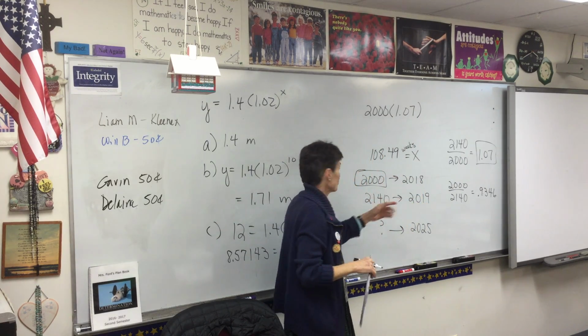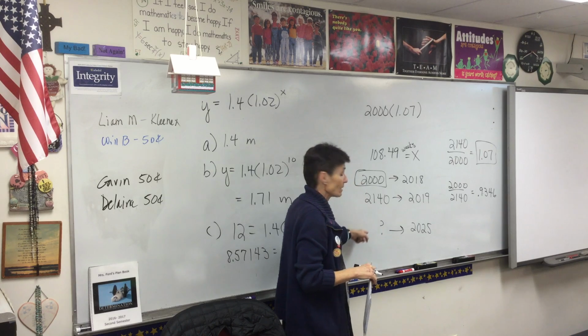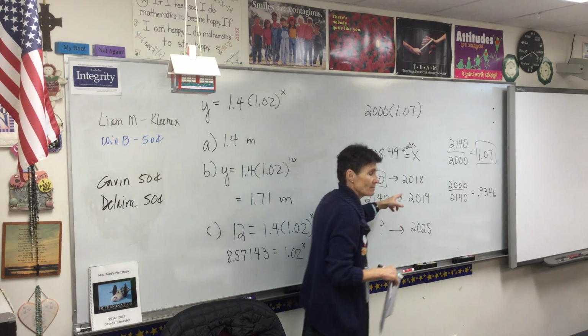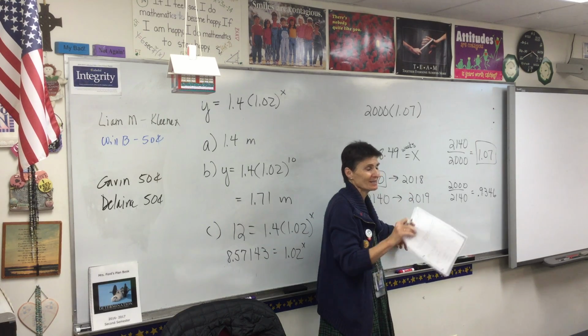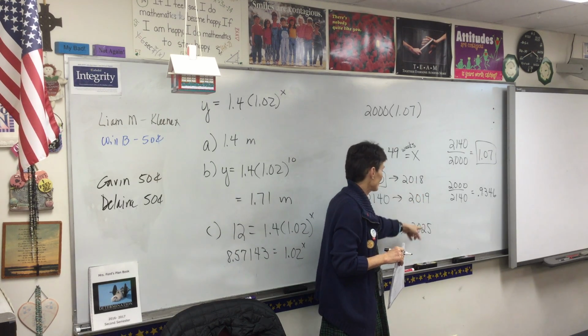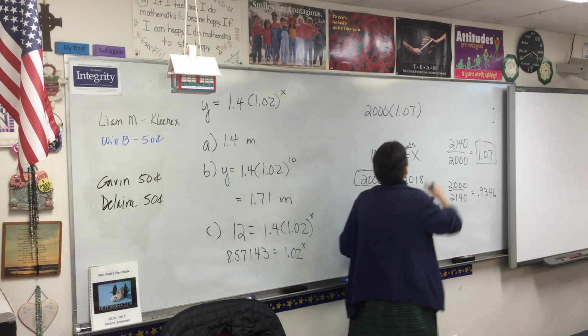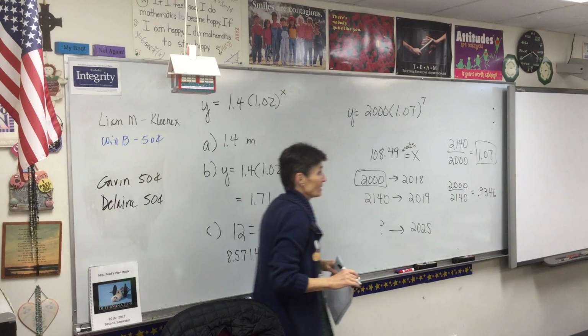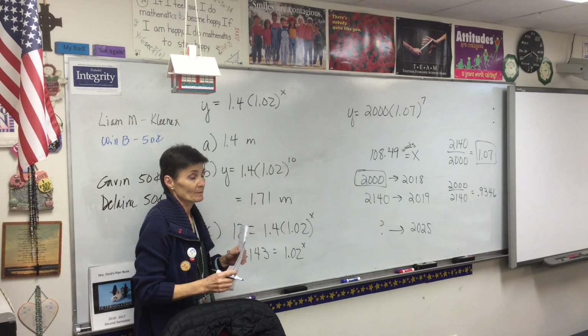Now, how many years do we have to wait? We're going from 2018 to 2025. How many years is that? 7. So we want to go 7 years, and that will be the answer to the question.